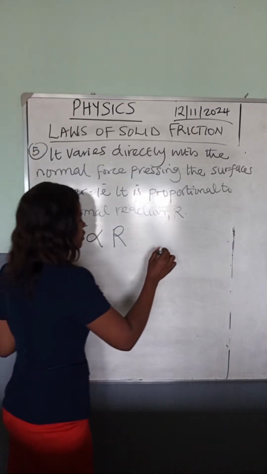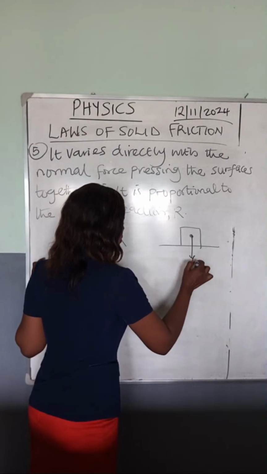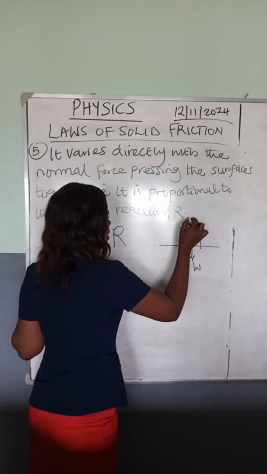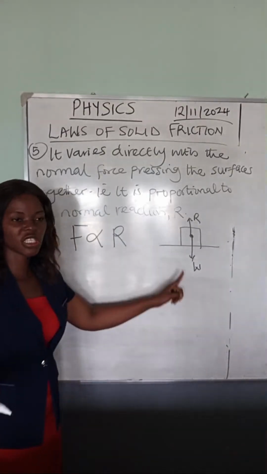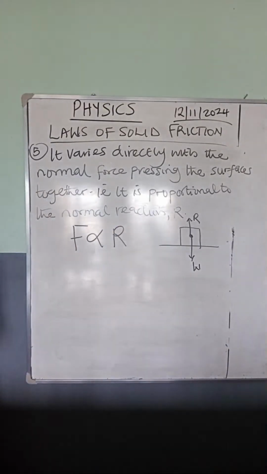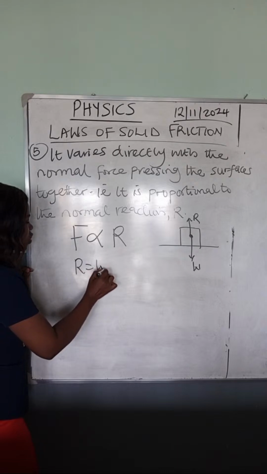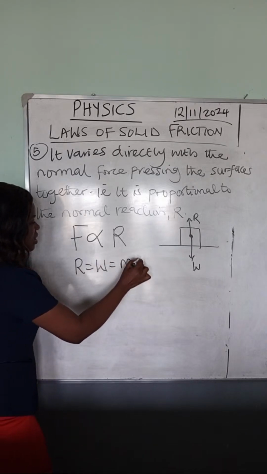In the diagram I gave you, this is the weight going down, and this is the reaction acting up. So reaction is equal to the weight. And what is weight? Weight is mass times acceleration.